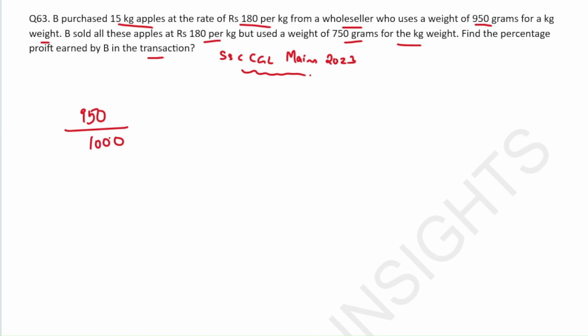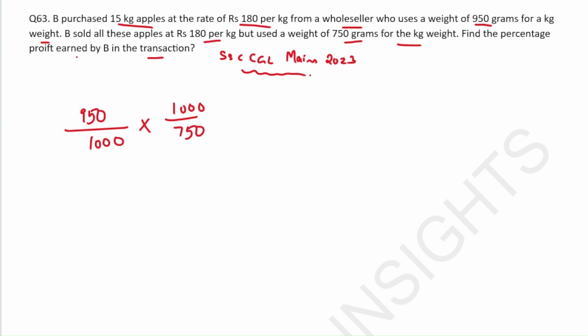Instead of the wholesaler using 1000, he used only 950 grams, yes or no? That means B is getting a loss. And then he sells the apples, instead of 1000, B uses only 750 grams, yes or no?